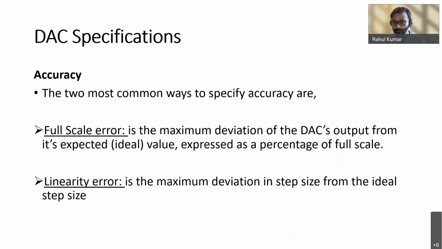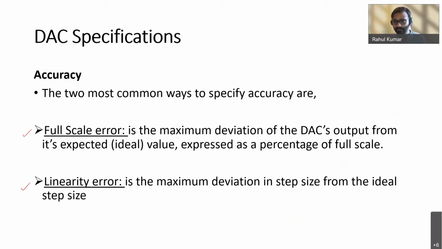The next specification is accuracy. Accuracy means different things for different equipment or different people. But most commonly, we can specify accuracy based on two specifications. One is your full scale error.